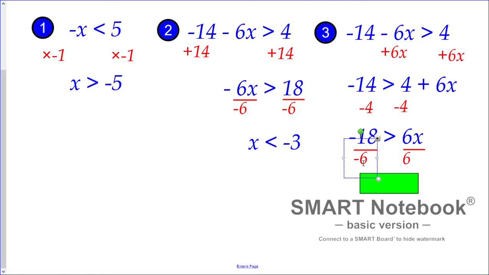Divide by 6, and our result is -3. So, look at both of these. They are equivalent statements. X is less than -3 here, and x is also less than -3 on this side.